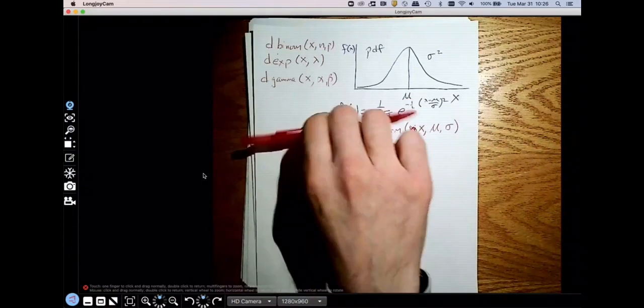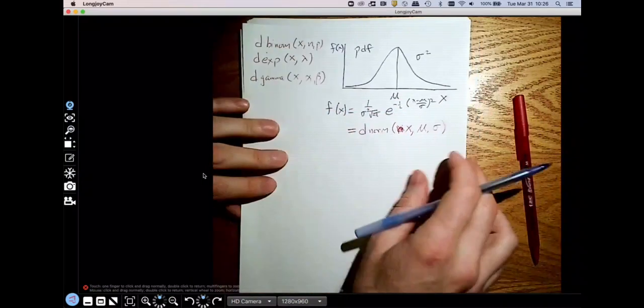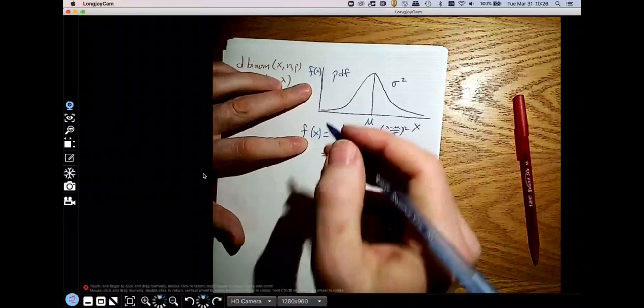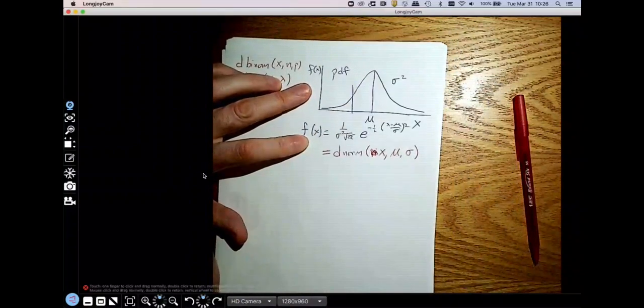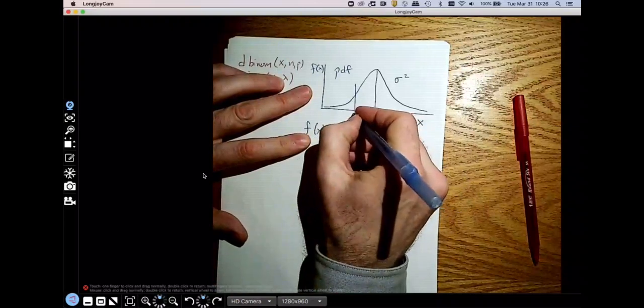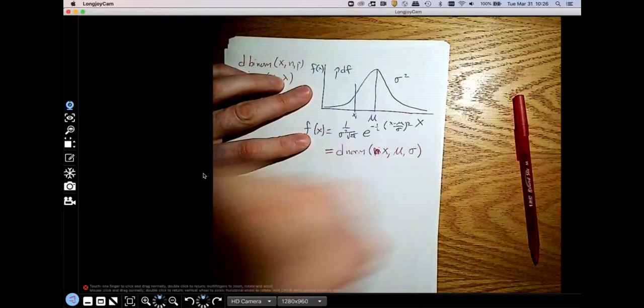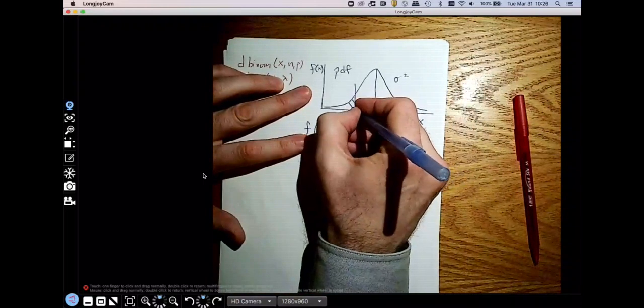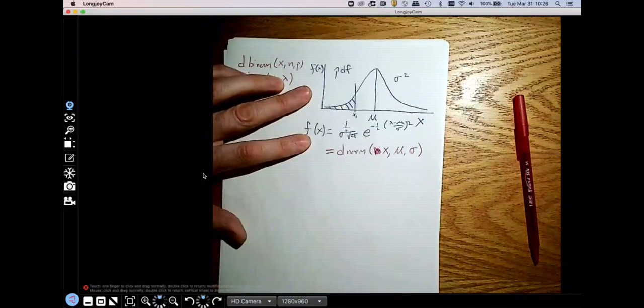I'm going to give you a very quick summary of the types of things we typically do. We might have some x1 value right here. That's a particular x. And I may want to know what is the area in that tail.